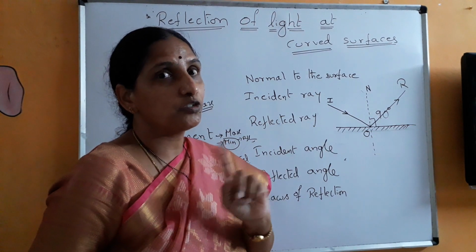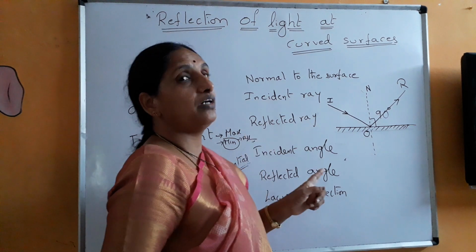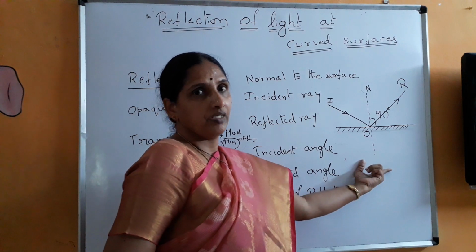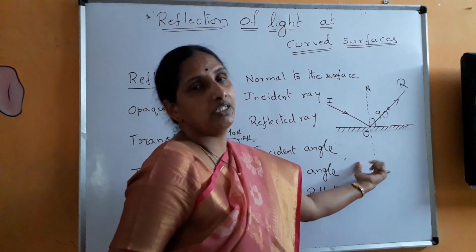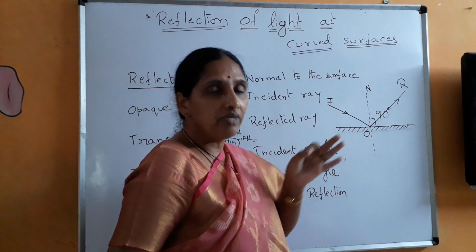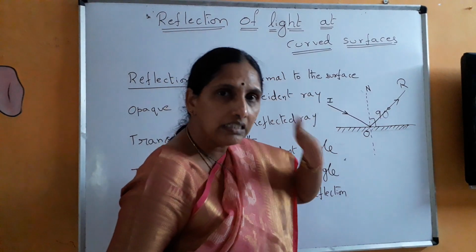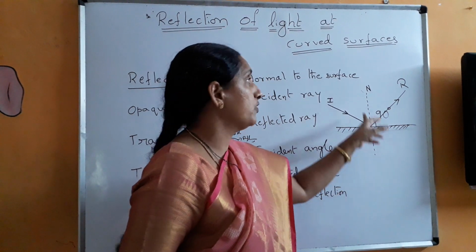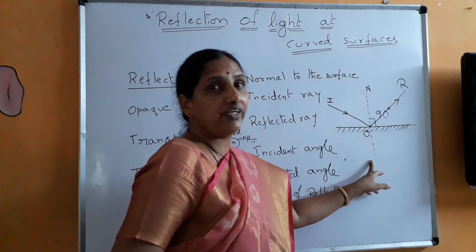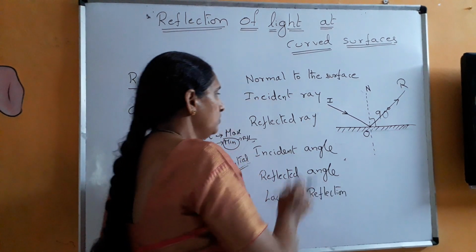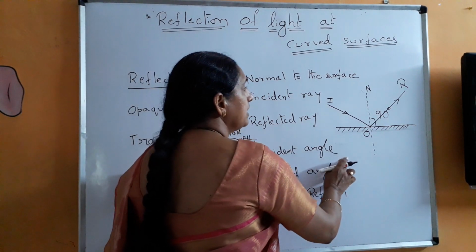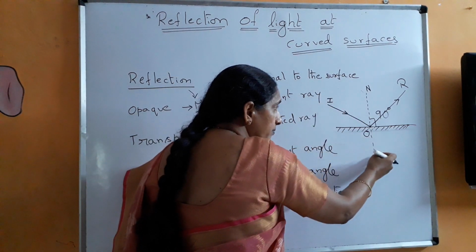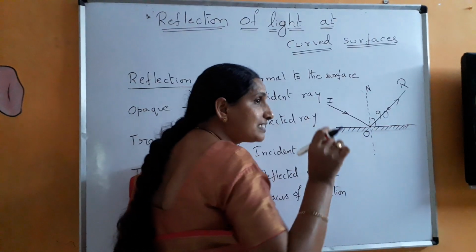It is not with the surface, please. Whenever you are studying the behavior of rays in ray optics, remember that angle of incidence means the angle made by the incident ray with the normal. Therefore, it is very, very important for you to imagine the normal always. Okay. So, what is the incident angle? The angle made by the incident ray with the normal at the point of incidence.